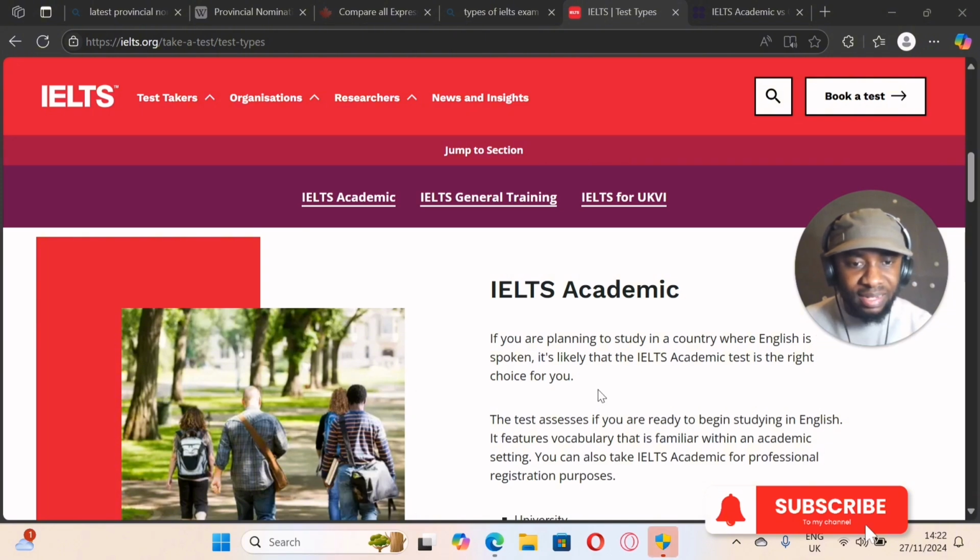It's likely that the IELTS academic test is the right choice for you. So basically, the test assesses if you are ready to begin studying in English. It features vocabulary that is familiar with an academic setting. You can also take IELTS academic for professional registration purposes.